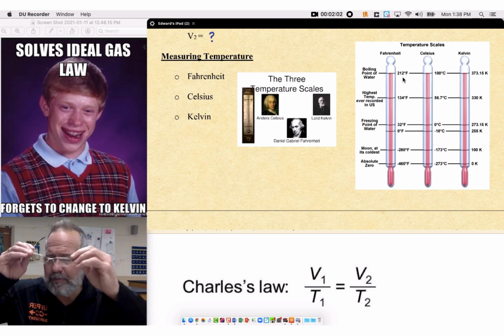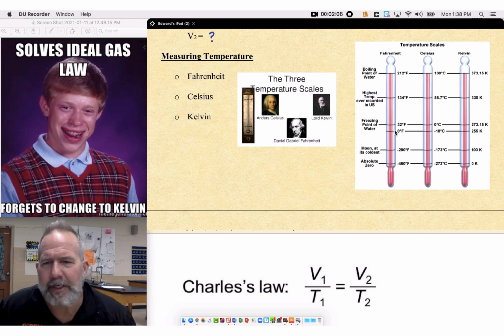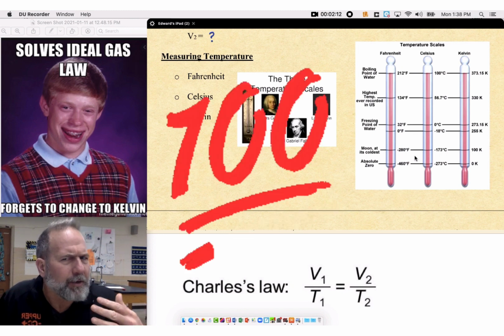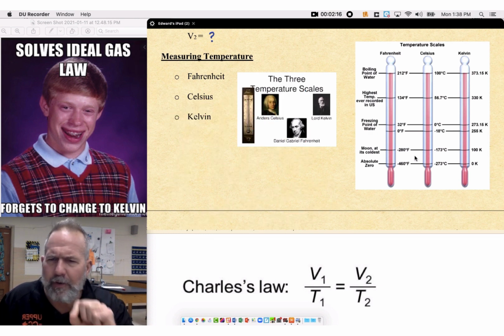Now, a guy named Celsius comes along, and his big plan was to make it centigrade, which means 100. 100 what? 100 degrees between the freezing point of water to the boiling point of water.